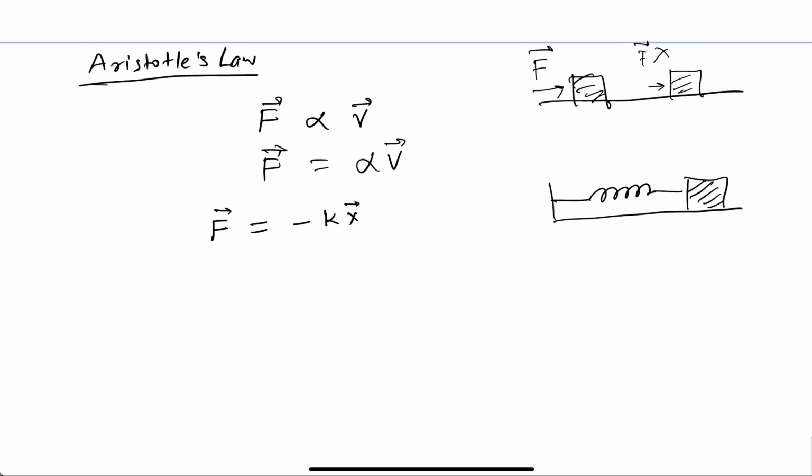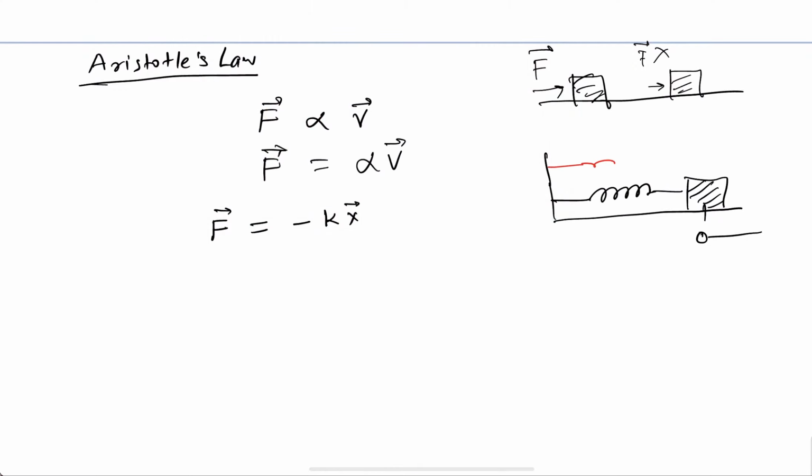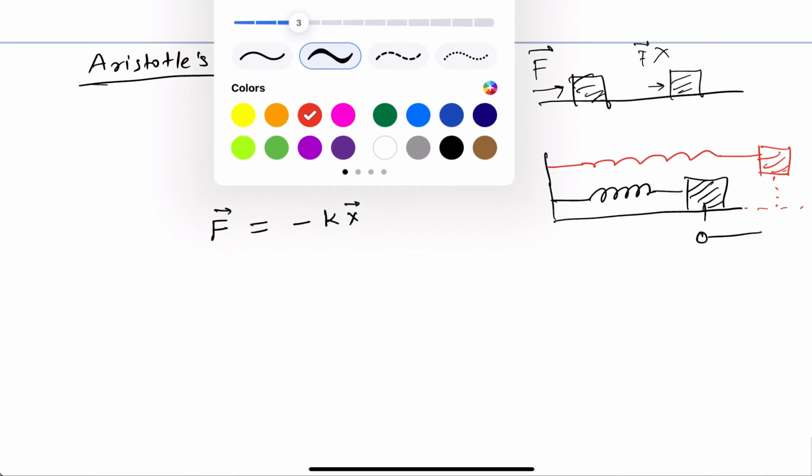If initially the mass was at position 0, you stretch the spring a little bit, so the mass is at a different place, and this position is, let's say, x.